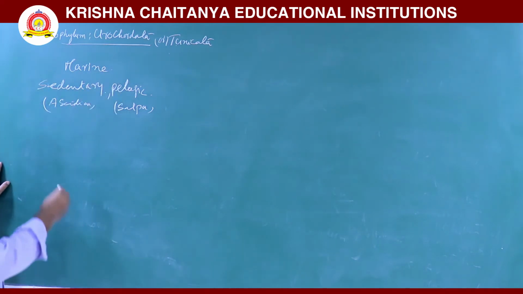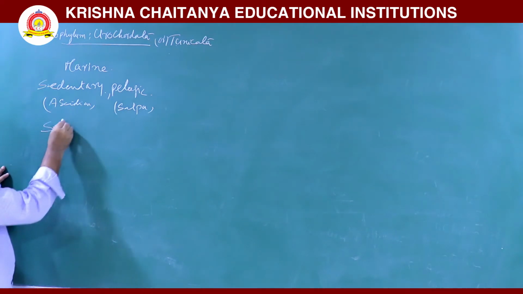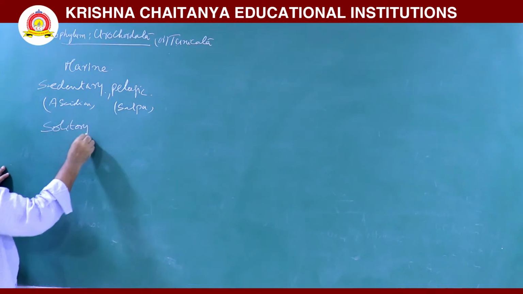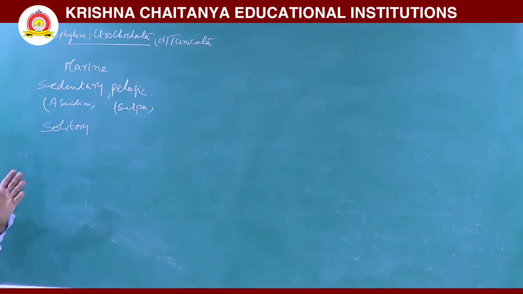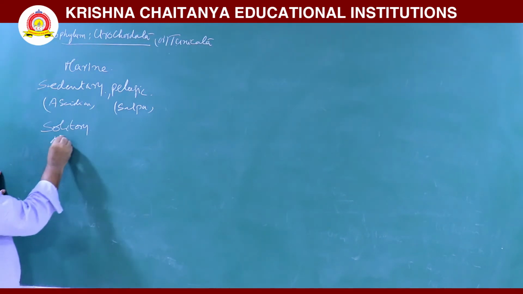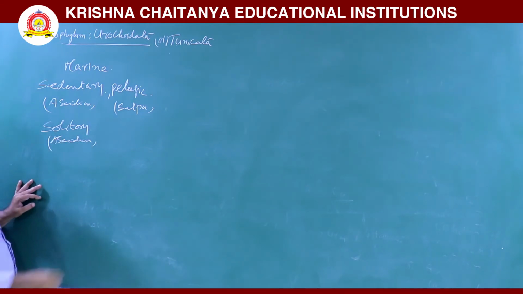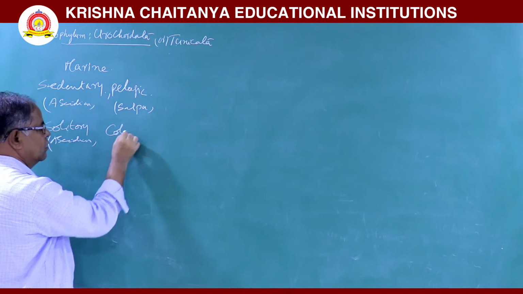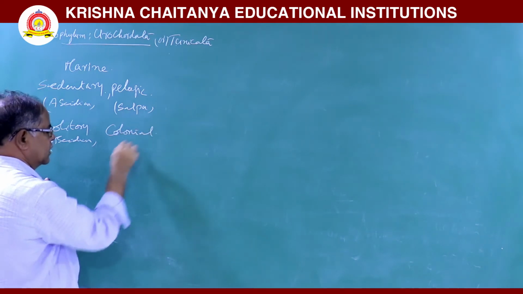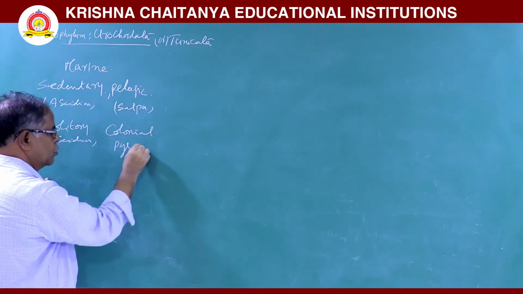Some are solitary. They live as single, solitary. For example, ascidian. Next, some are colonial. For example, pyrosoma.